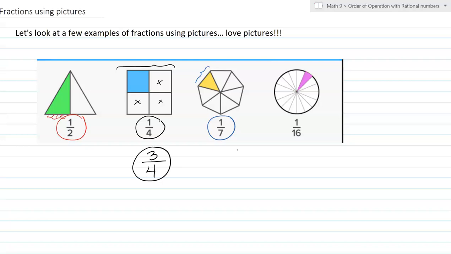How many parts are left out of this polygon or heptagon? Well, 6 parts. Notice that 6 of these triangles are not shaded. So that means 6/7 of the entire heptagon is not shaded.